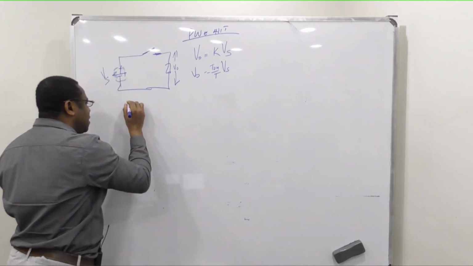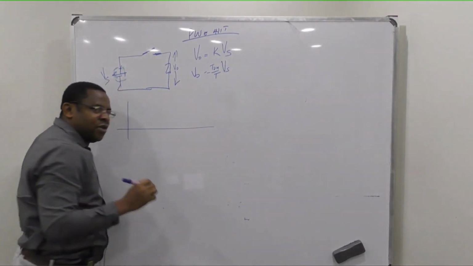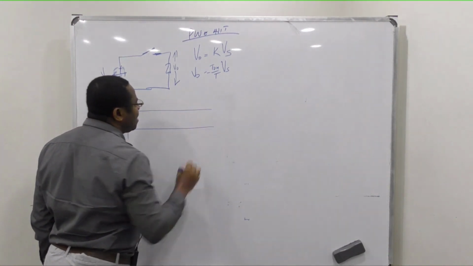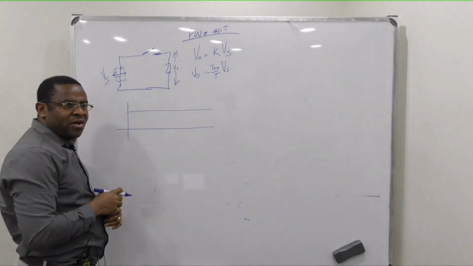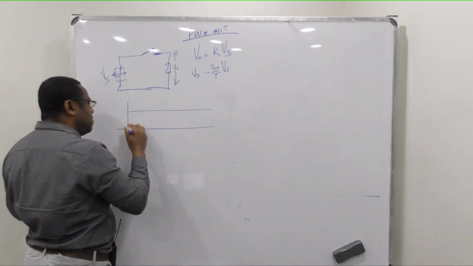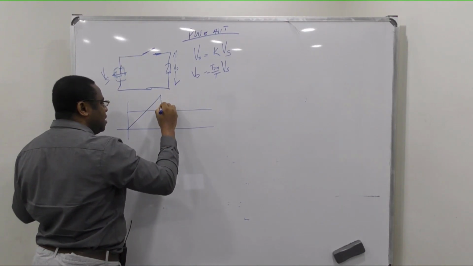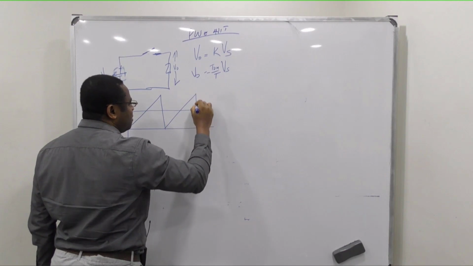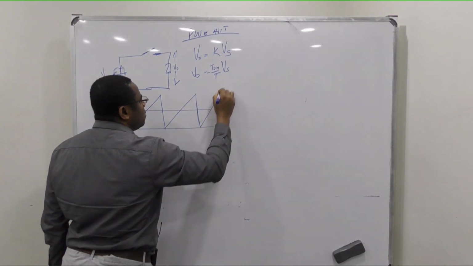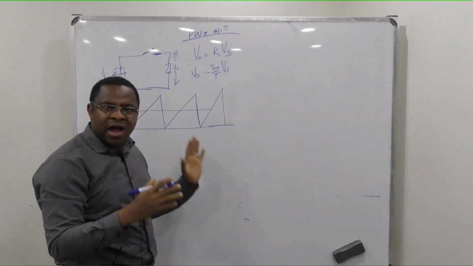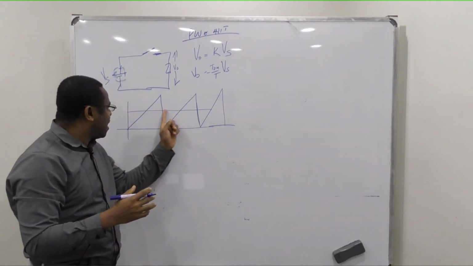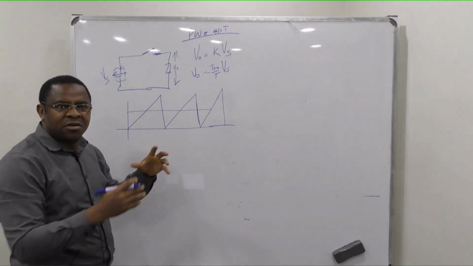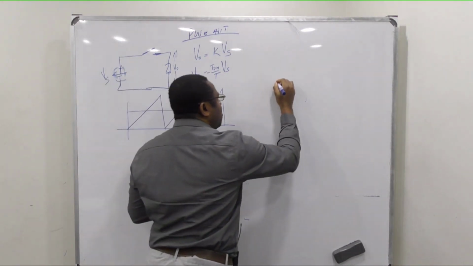So for us to do that, we are going to have two things. The first one is something that will generate a reference signal, and then another something that will generate a carrier signal. I'm going to compare this reference signal with this carrier signal, so I need a comparator.